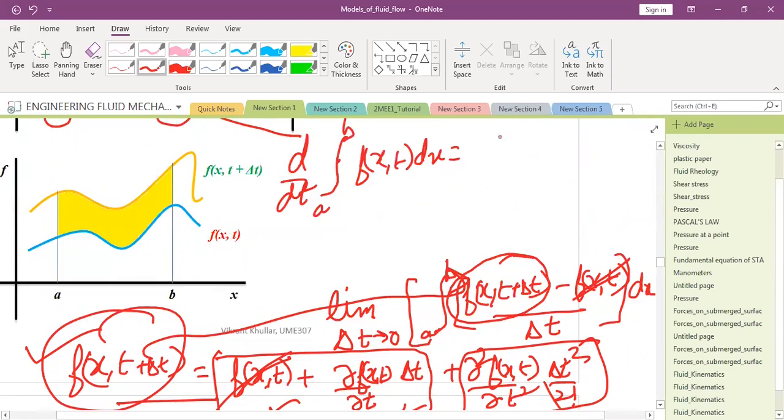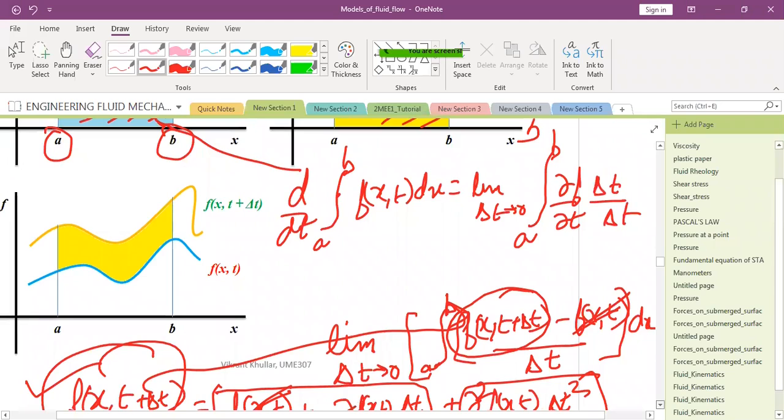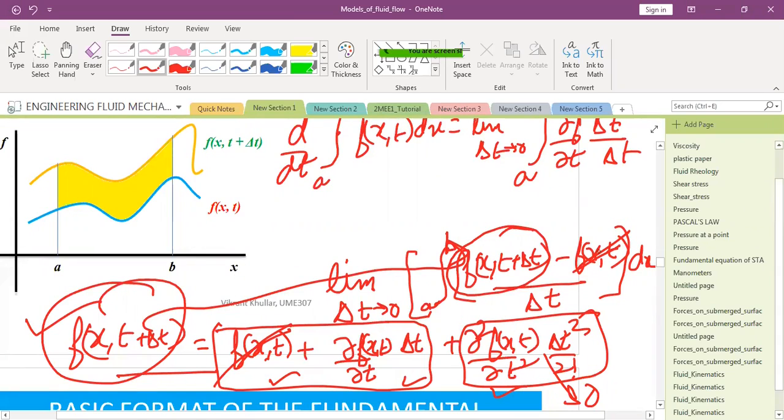You are left with limit delta t tends to 0, a to b, curly f by curly t delta t. This was upon delta t, if you remember, because this has already got cancelled.